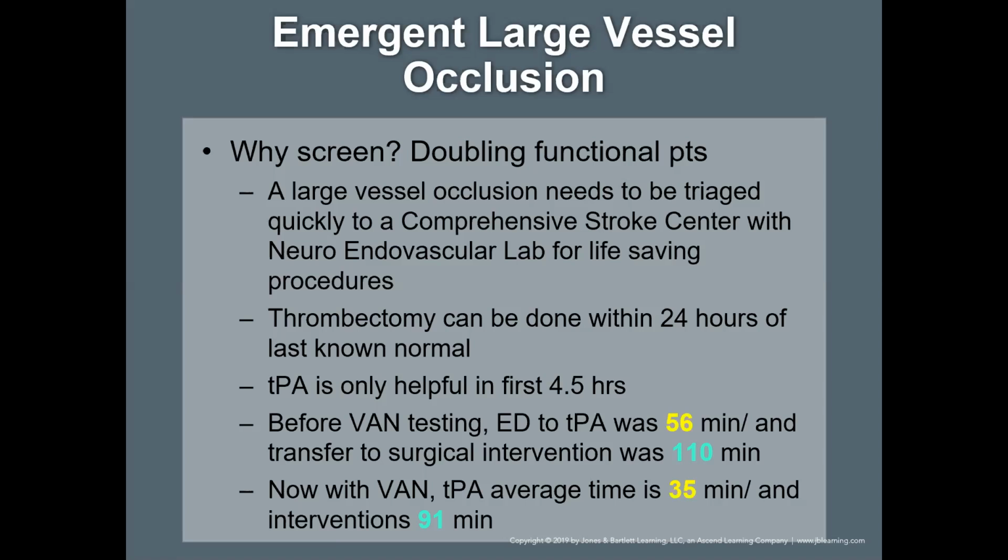Now with the VAN training and being able to triage in a more timely manner, the average time to TPA is 35 minutes and interventions 91 minutes. And if you recall, time is brain, and they've even gotten faster since he published. So that's kind of cool. It's getting even better, and it's getting better here as well.